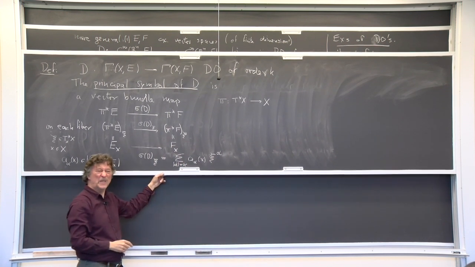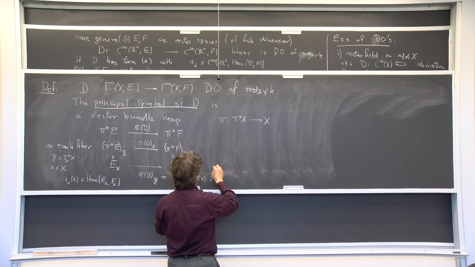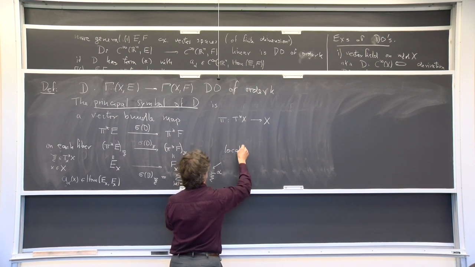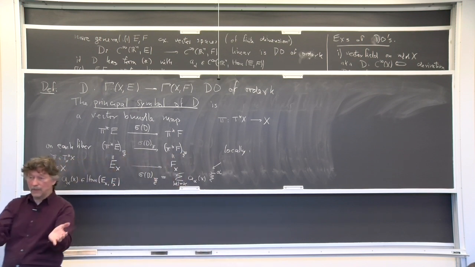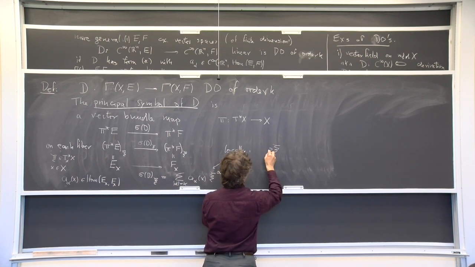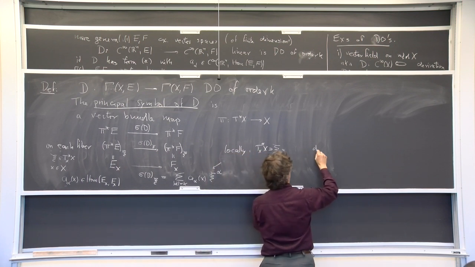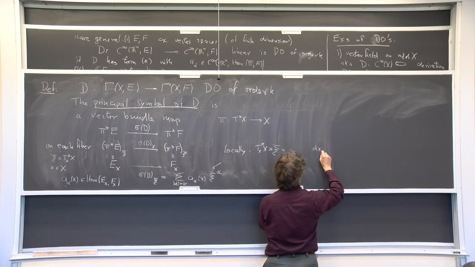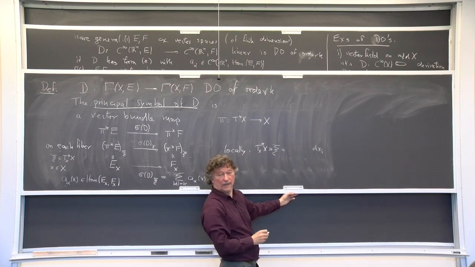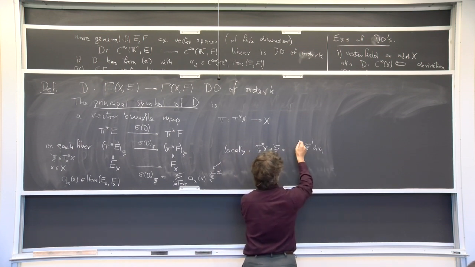So I need to explain what I mean by psi to the alpha, right? What this means is I work locally here. So I'm thinking I'm sitting inside a coordinate chart. If I'm sitting inside a coordinate chart, then this cotangent vector at the point x can be written in terms of the basis. The basis of the cotangent space is given by dx1 up through dxn, sorry. So it will be some linear combination of these, a sum from 1 up to n.